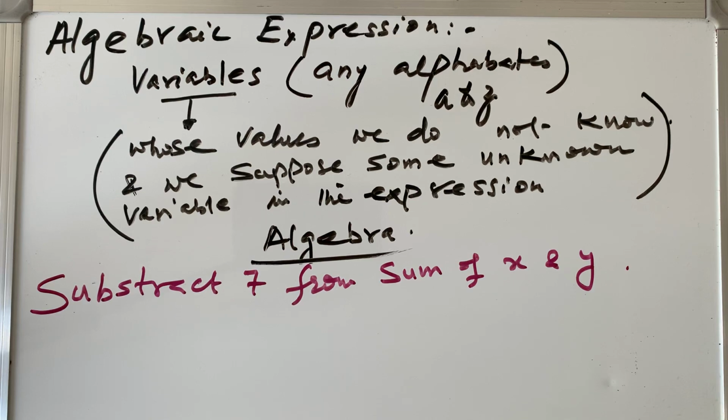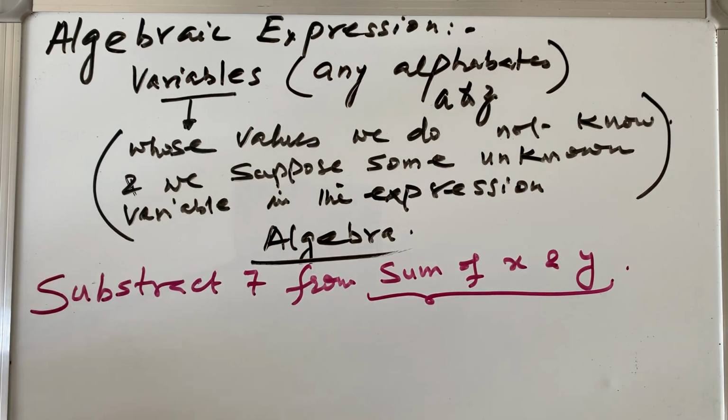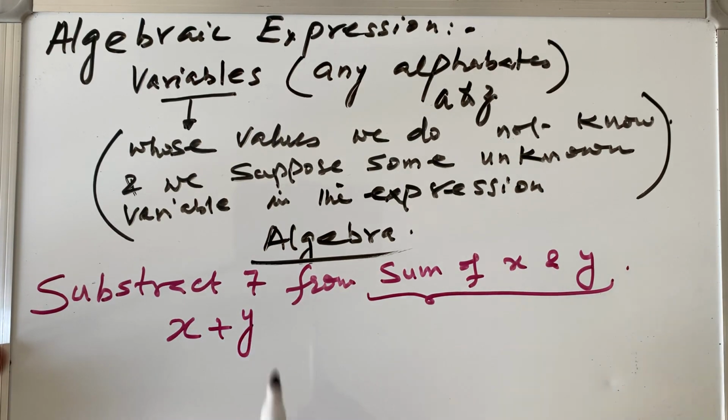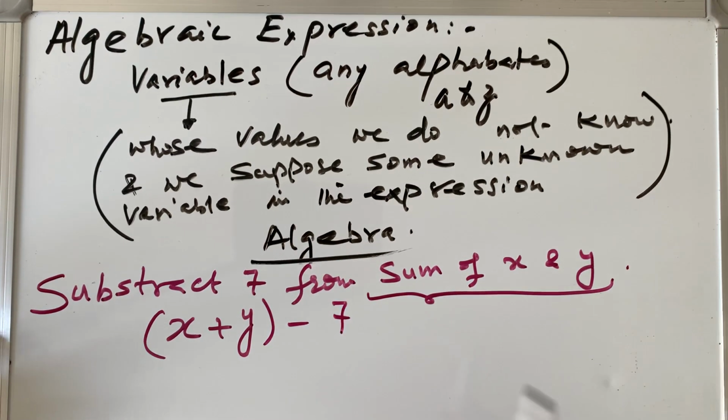We do not know the sum of x and y, but we have to subtract 7 from the sum of x and y. The sum of x and y can be represented as x plus y, right? And what we have to do? We have to subtract 7. So this becomes an algebraic expression for the statement that is given.